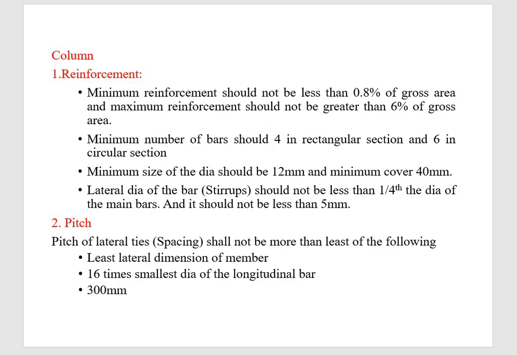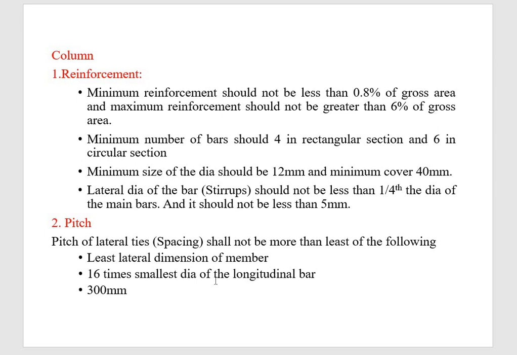So the least lateral dimension of the member means, suppose we have a column of width 230 mm or 300 mm, first for the pitch we need to consider that as 230 or 300 mm. They are saying the least lateral dimension of the member should be taken.